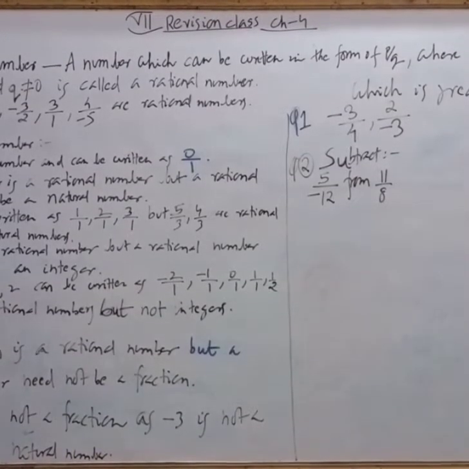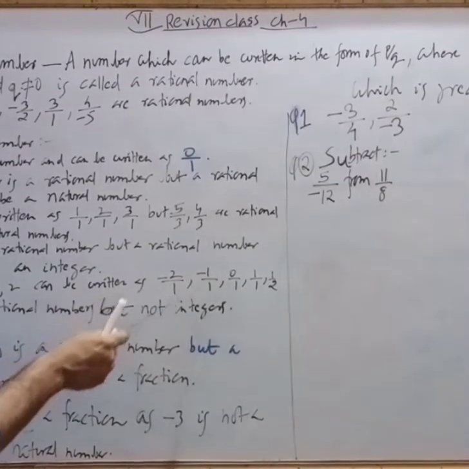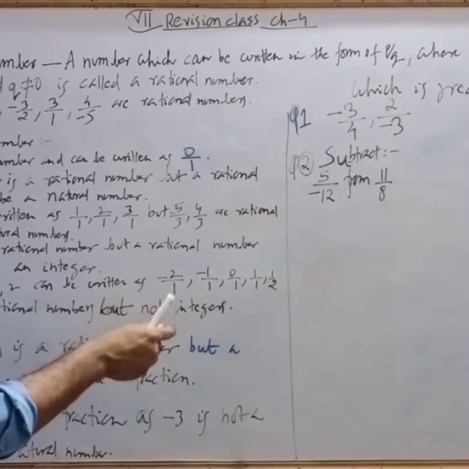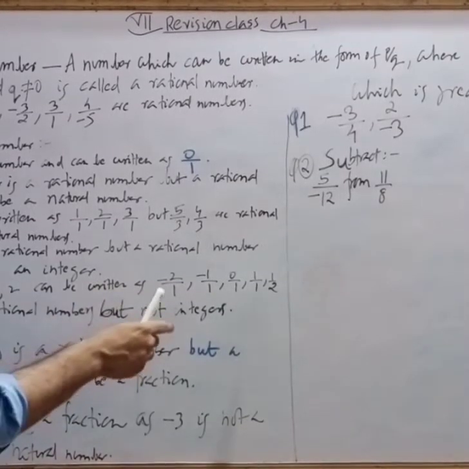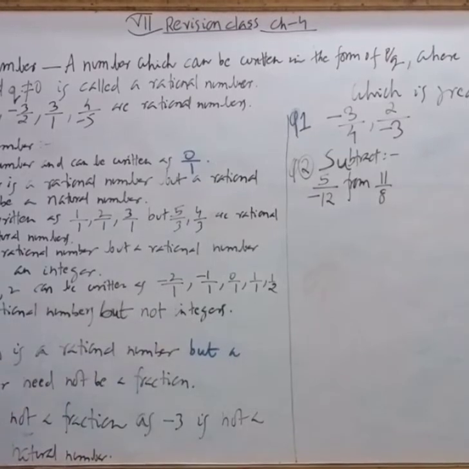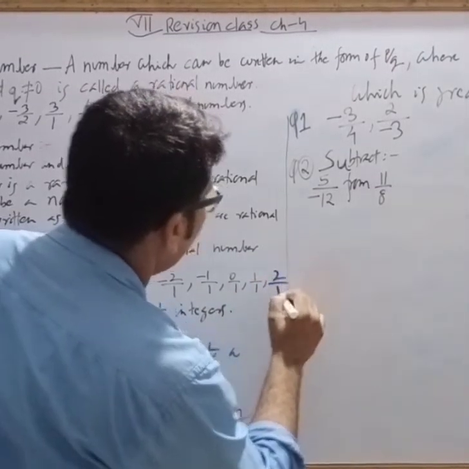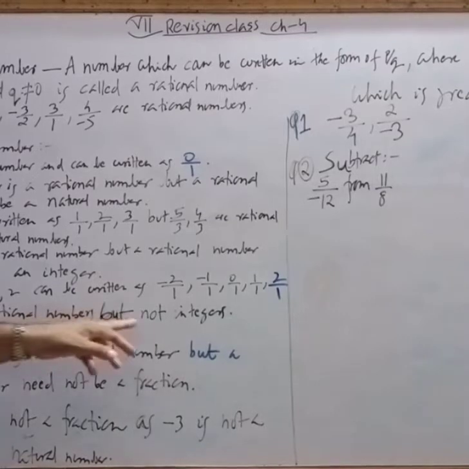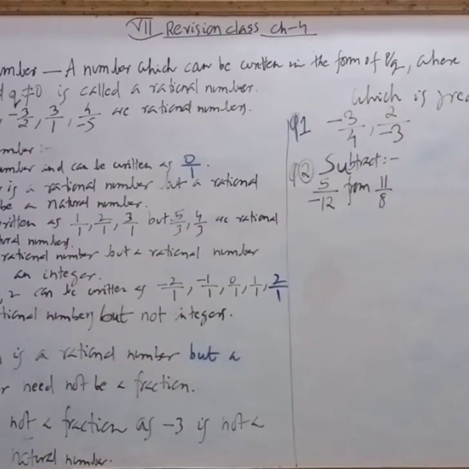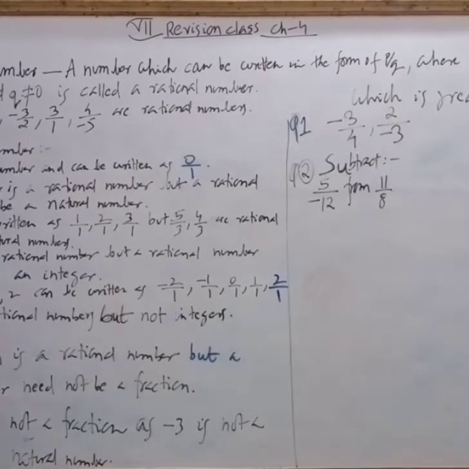These are integers and they can be written as minus 2 by 1, minus 1 by 1, 0 by 1, 1 by 1, 2 by 1. But 5 by 3, 3 by 4 are rational numbers but not integers. So these are rational numbers, but they cannot be called integers.